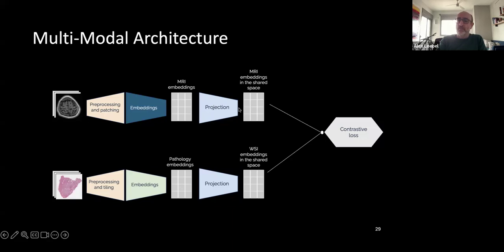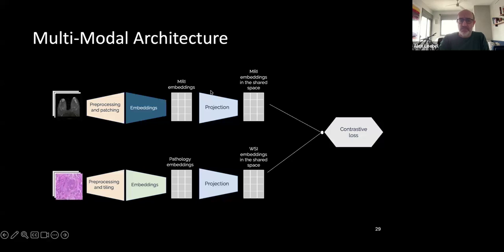Then you project them onto the shared space of the MRI and the pathology, and you want to connect the pathology and the MRI embeddings together in the shared space. So what does it mean? You have for the same patients the MRI results and the pathology results, and you want to make them as close to each other as possible and further away from other patients.